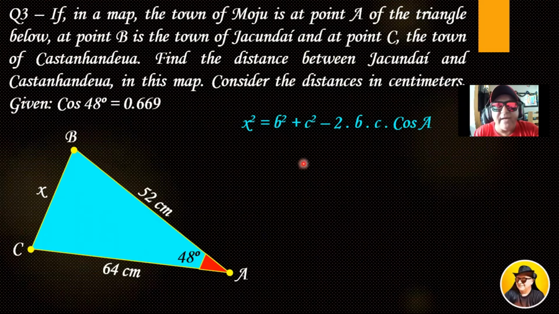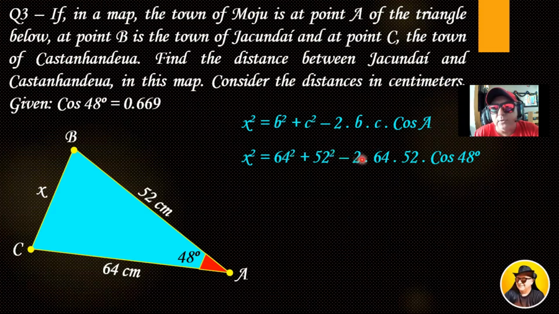Well, so I have that x squared is b squared plus c squared minus 2 times b times c times the cosine of A. So replacing the values, I have that x squared is 64 squared plus 52 squared minus 2 times 64 times 52 times cosine of 48 degrees.